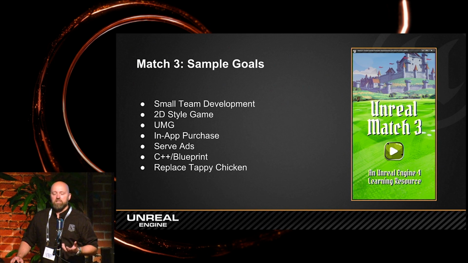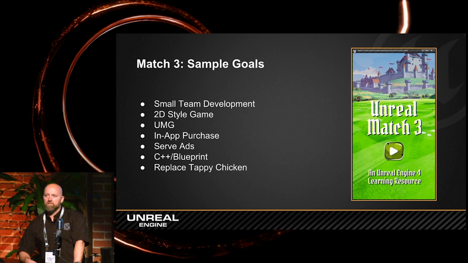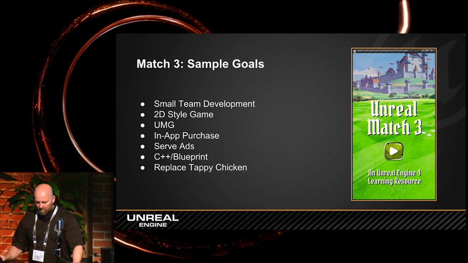That's the new UI system in Unreal 4. And we've also implemented in-app purchase and a method for serving ads, the typical sorts of things you'd want to do in a modern mobile game. And also, we wanted to show the split of C++ and Blueprint, the two different languages that you typically create your project with. And we also wanted to replace Tappy Chicken, which I'll talk about.